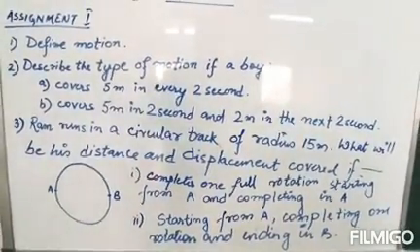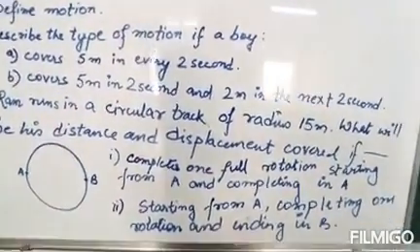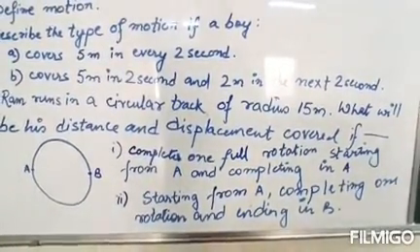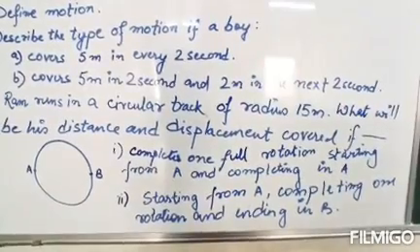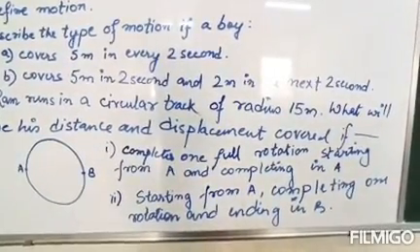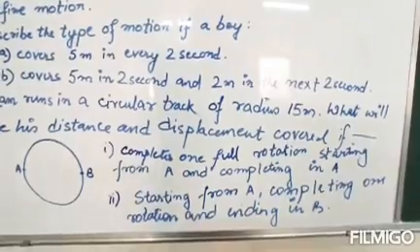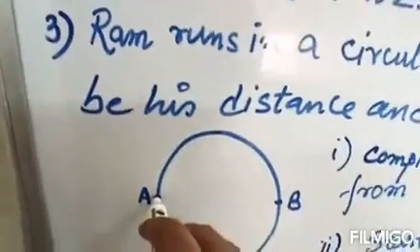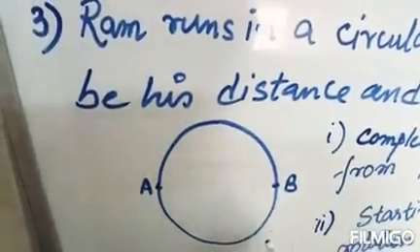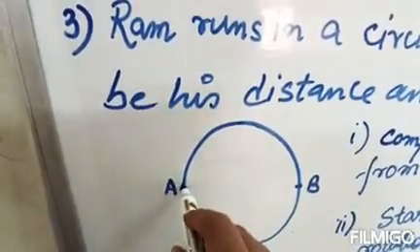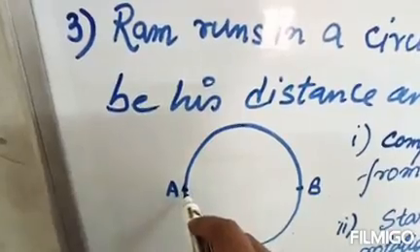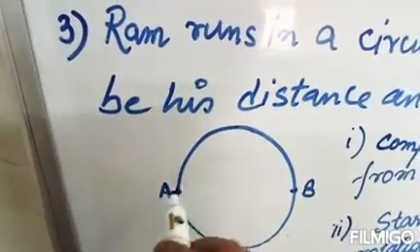Suppose a track is there of radius 15 meter and Ram is running in the track, and what will be his distance and displacement covered if he completes one full rotation starting from A and completing in A. Suppose he starts from A, and he moves and ends in A. What will be Ram's distance covered and displacement covered? You have to state that.